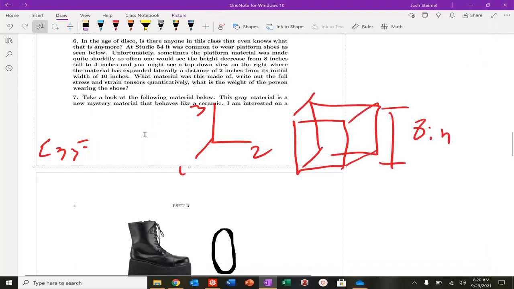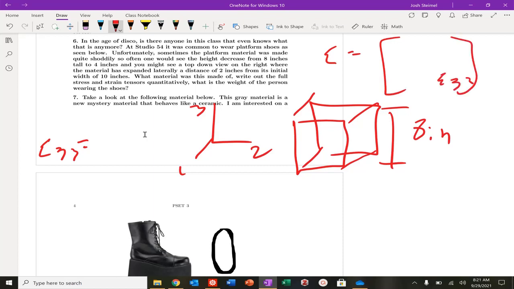Now, if I look here, I have a strain in the 3-3, and we know that value. It also says that from a top-down view, you see the material has expanded laterally. So if I'm looking top-down, my material has expanded in this direction to a value of 12 inches from its initial width of 10 inches.